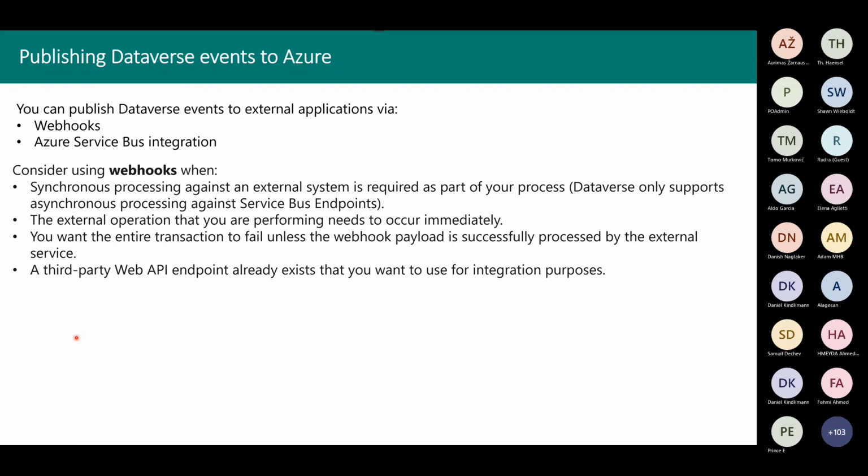So this means that I want an operation that starts immediately when something happens on Dataverse, so an entity creation, for example, a business process that does an action or something like that. So if I want to have a process that immediately starts in the external application, webhooks are a reliable way.